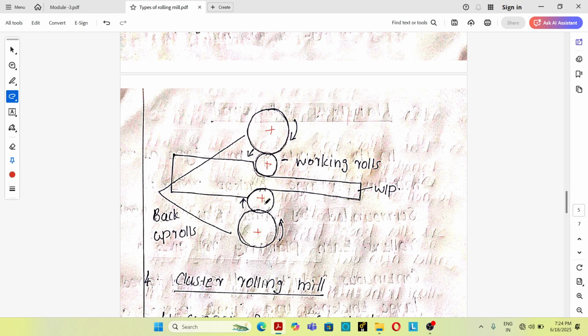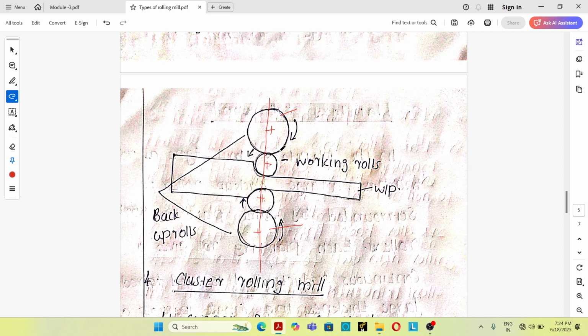These are fixed horizontally, one above the other. The 2 large rollers are known as backup rollers, and the small rollers are known as working rollers. Actually, the small rollers are doing the rolling operation. Backup rollers hold the working rollers and restrict deflection when material is being rolled.